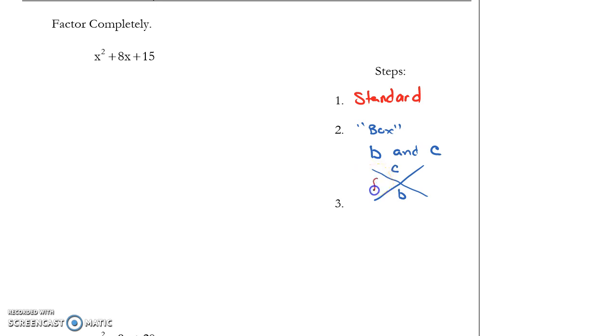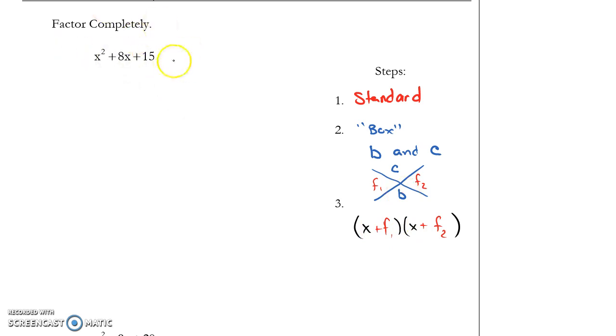And then I'm going to call these here F1 and F2. Those are my factors. So step 3 is going to be writing our two binomials. X will always go first, and then those factors will go second. So, example.